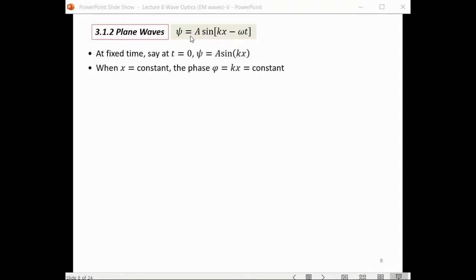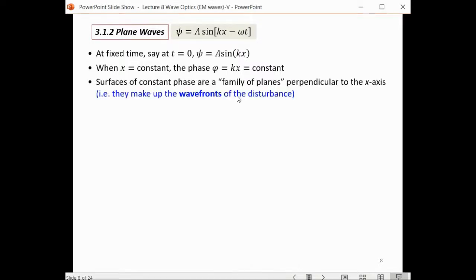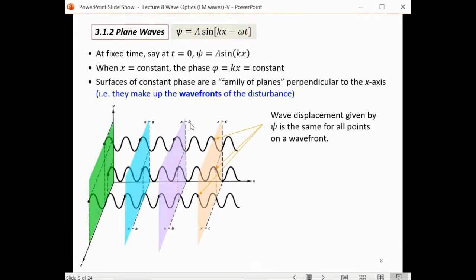The plane wave at a fixed time, say t equals 0, will be expressed as psi equals A sin kx. At fixed x, the phase kx will be a constant. Surfaces of constant phase make up the family of planes perpendicular to the x-axis, that is, these planes are the wavefronts of the disturbance, as shown in this diagram.